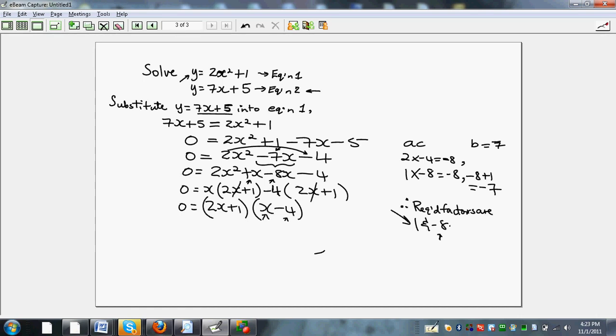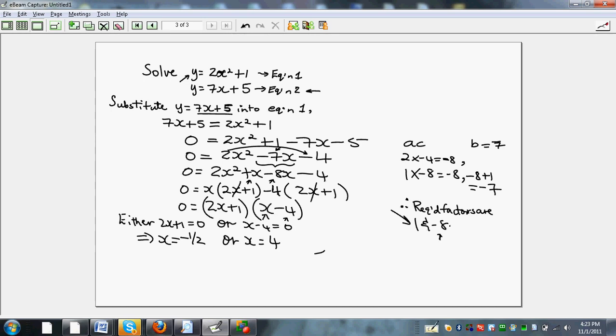Now, that would say that either 2x plus 1 is equal to 0, or x minus 4 is equal to 0. So if 2x plus 1 is equal to 0, it would imply that x would be equal to minus a half when you solve that, or x will be equal to 4.